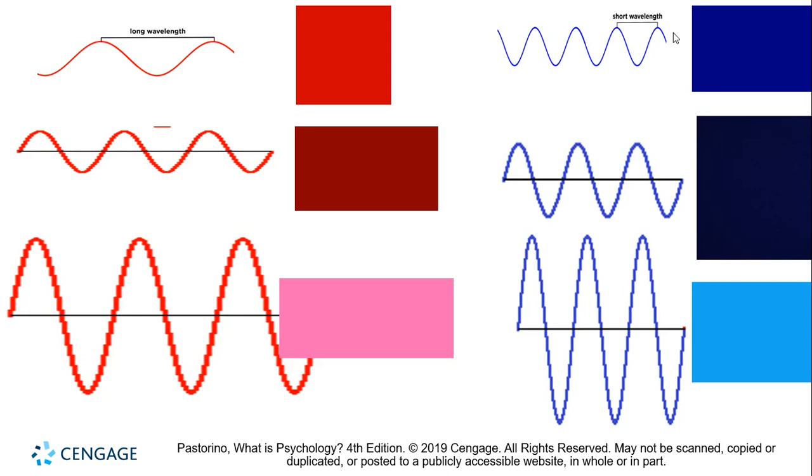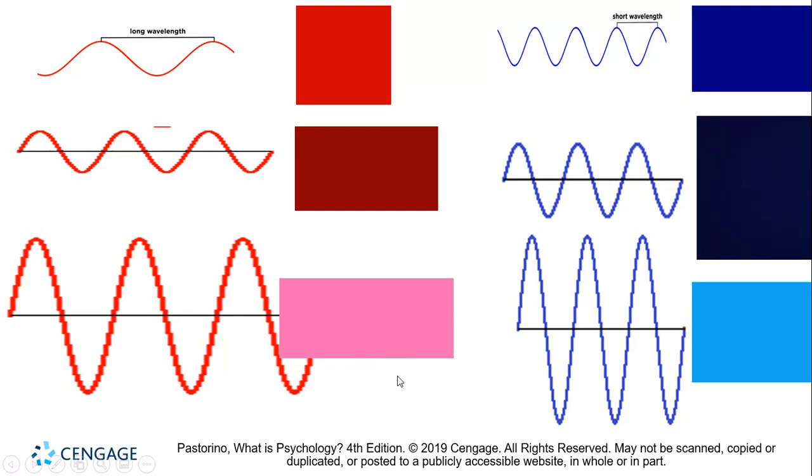Your rods detect the amplitude. And if you have a long wavelength that has a short amplitude, that's going to give you a dark red, maybe even into the burgundies, or a very crimson type of red. But if you have a very big amplitude, a tall amplitude, then that's going to be a lighter red, closer to the pinks.